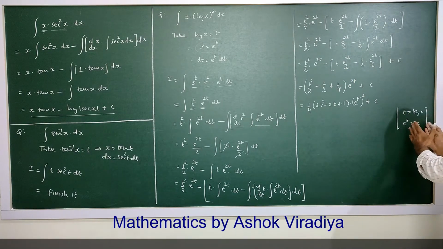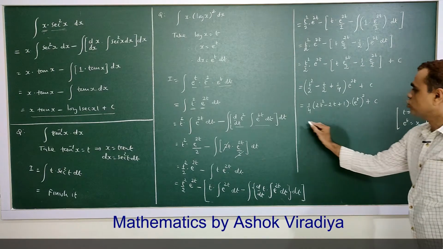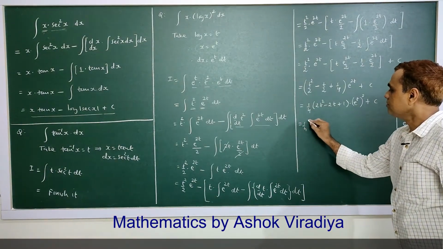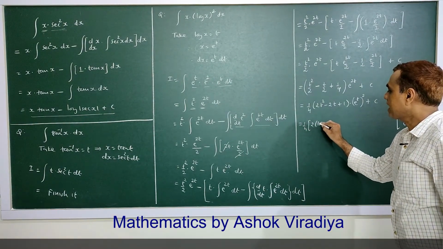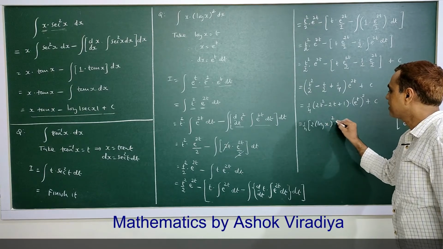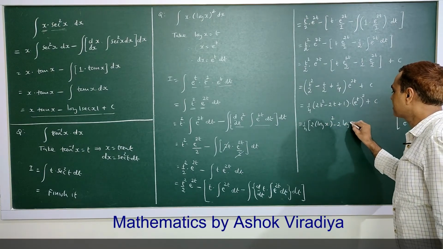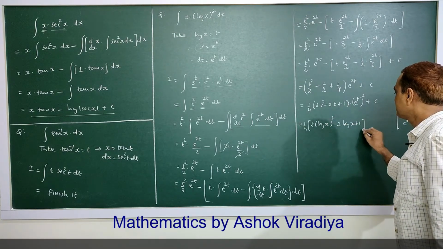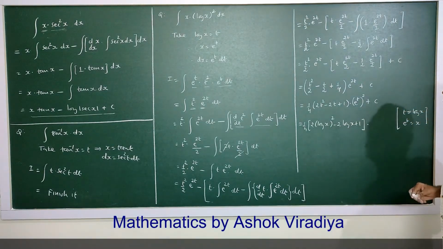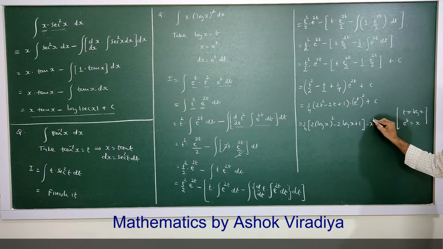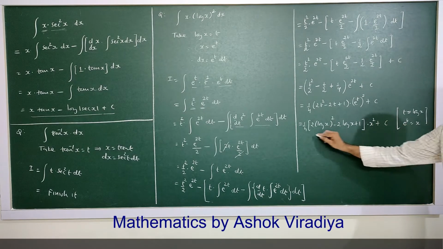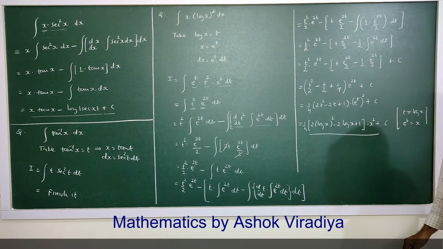These values we are putting back. So 1 by 4, t is log x, whole square, 2 times log x plus 1, into this is x square, plus c. So this is the required integral.